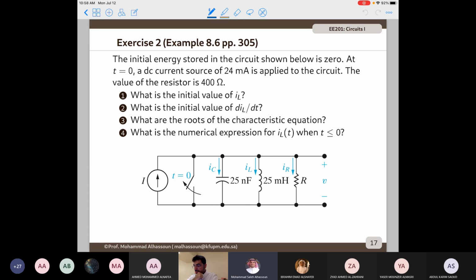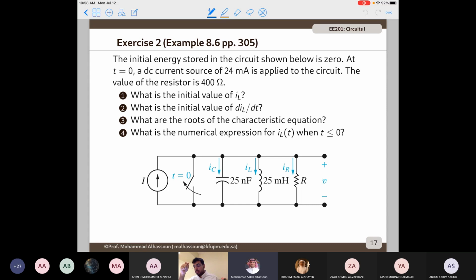Okay, in this circuit we have an initial energy. We are told that the initial energy stored in the circuit is 0, which means that the initial voltage on the capacitor and the initial current in the inductor are 0.